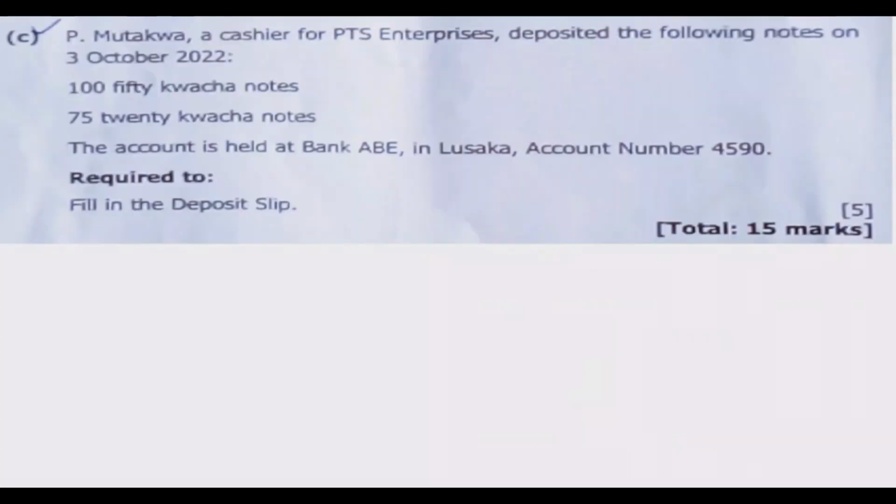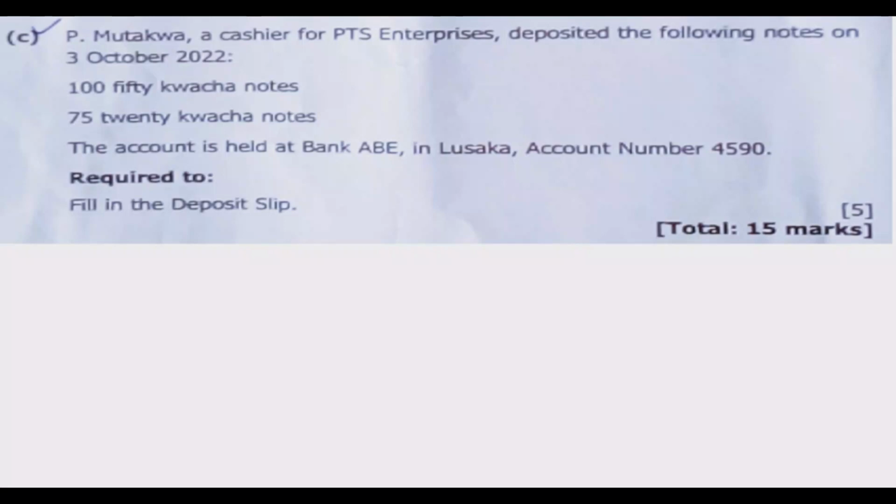Question 3 is as follows. P. Mutakwa, a cashier for PTS Enterprise, deposited the following notes on 3rd October 2022: 150 kwacha notes and 75 20 kwacha notes.